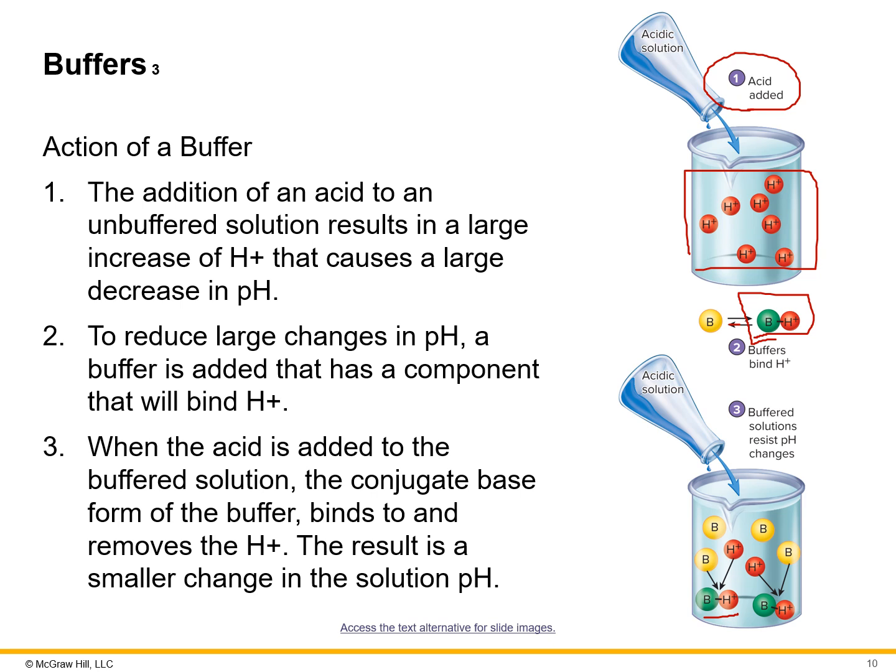So with our buffer being added, those hydrogens combine with our base to form what's called a conjugate base. When the acid is added to that solution, the base sucks up and removes the hydrogen ions to take that pH back to normal.